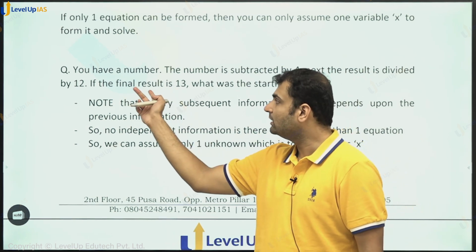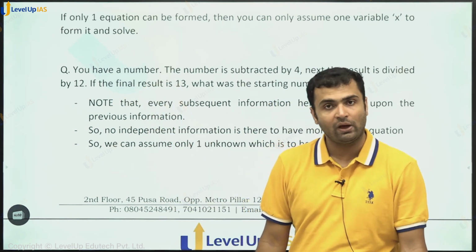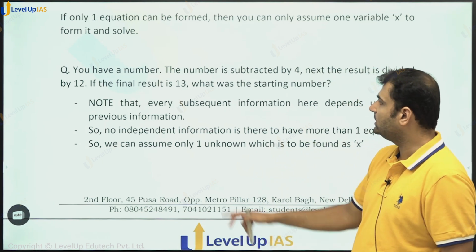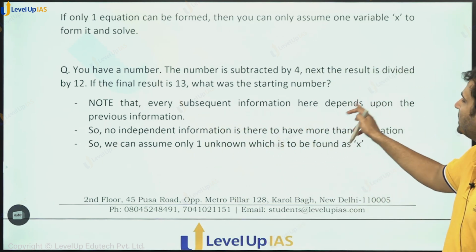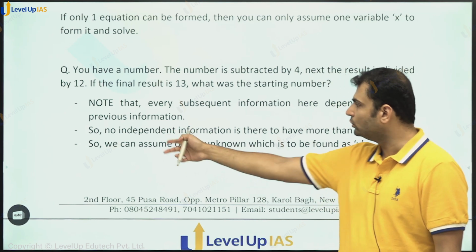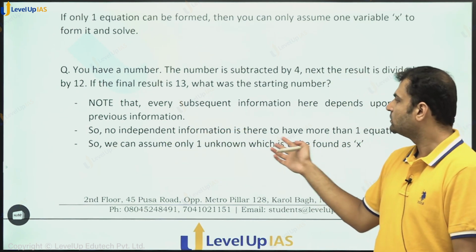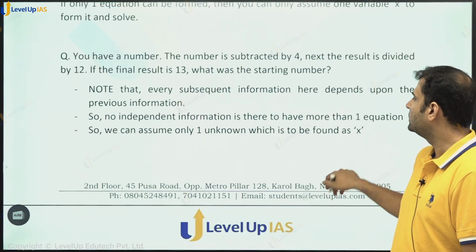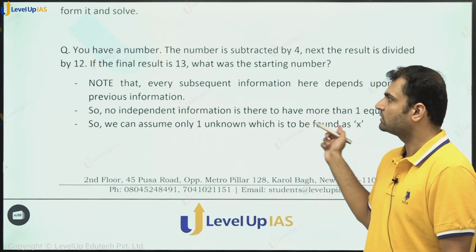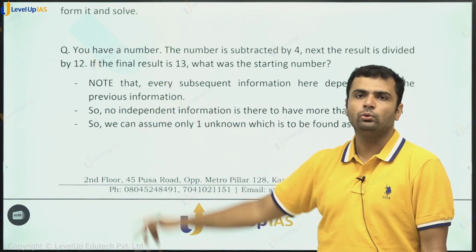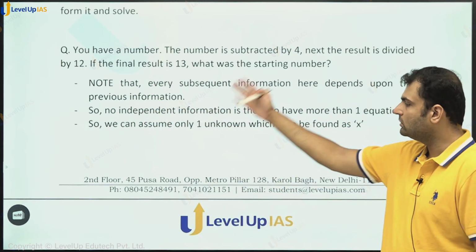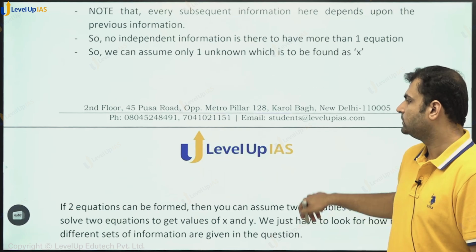So this result is the only information that we have. So there is no new information; every subsequent piece of information here depends upon the previous information, so no independent information is there, so we cannot have more than one variable. We can assume only one unknown, which is to be found as x. That means assume the initial number itself as x and solve it.